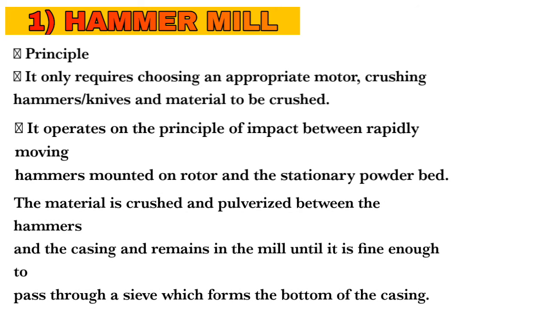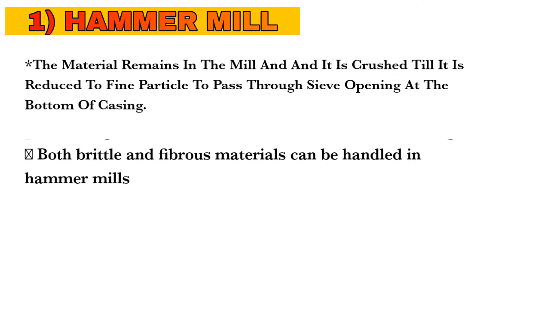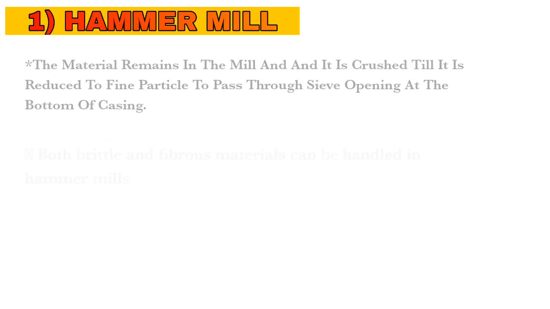The material is crushed and pulverized between hammers and casing until it is fine enough to pass through the sieve which forms the bottom casing. The material remains in the mill and is crushed till it is reduced to final particles to pass through the sieve opening at the bottom of the casing. Both brittle and fibrous material can be handled in the hammer mill.